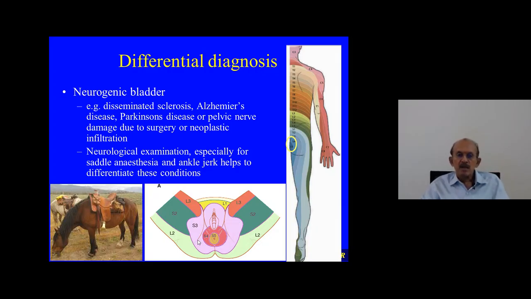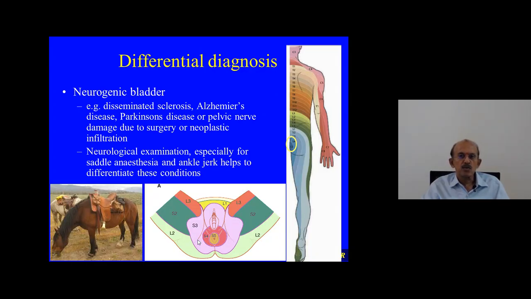This is a repeatedly asked question in your theory examination, your medicine. Saddle anesthesia means that part of the perineum which comes in contact with the saddle when you are sitting on a horseback, and that part gets anesthetized. That is nothing but the segment dermatomes of S2, S3, and S4.